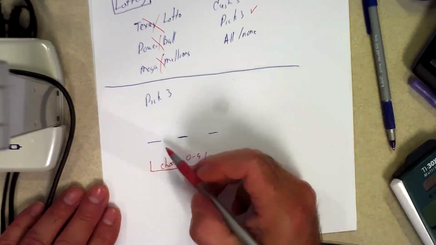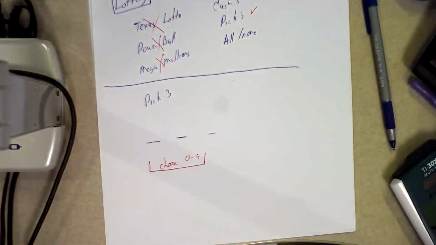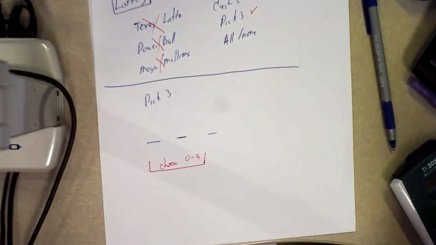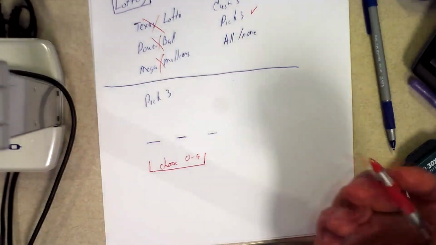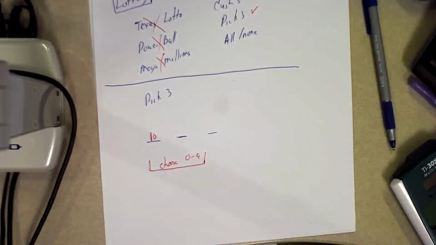So how many choices do I have for the first ball? Well, there's 10, because 0 is counted as a number you can pick. You have 1 through 9, that's 9, and then the 0 is your 10th. And the cool thing about this game is that you can choose the same number on all of them.